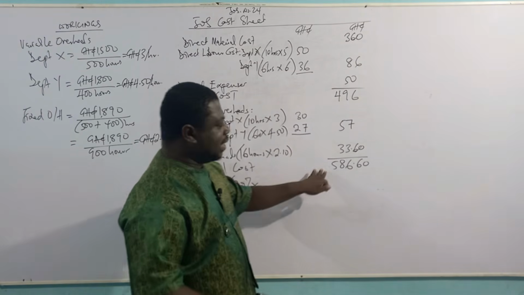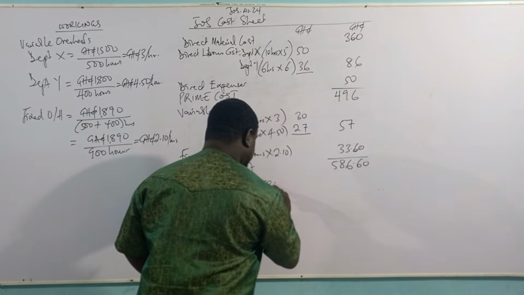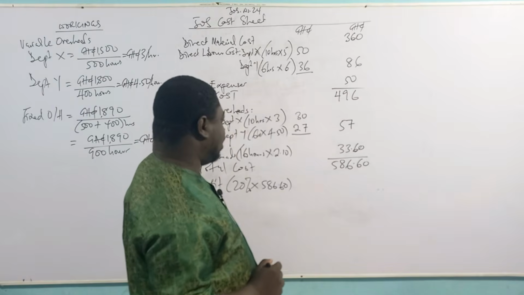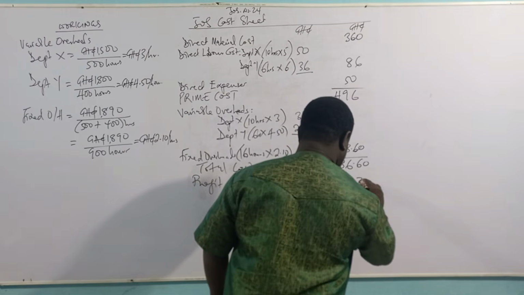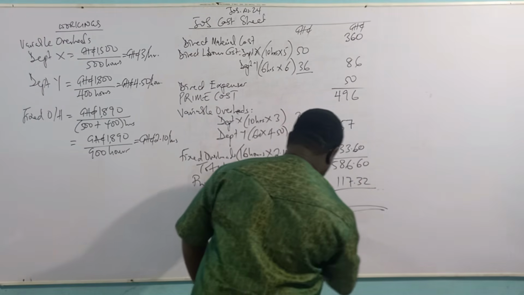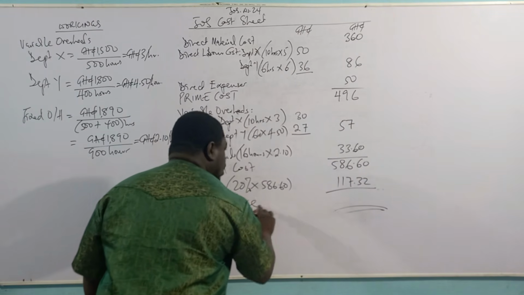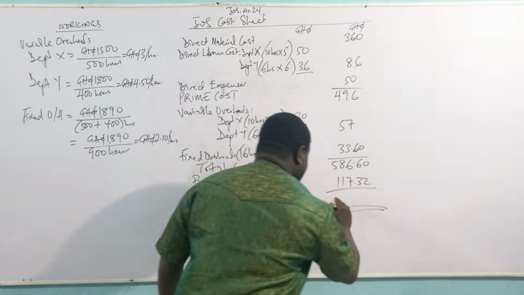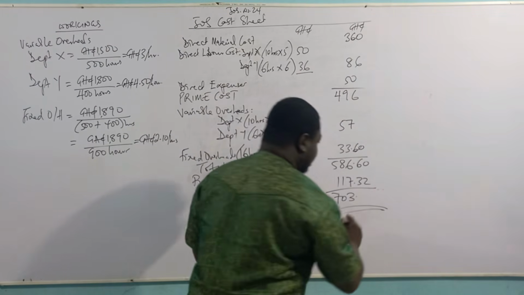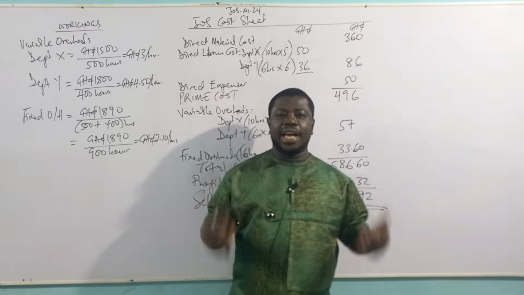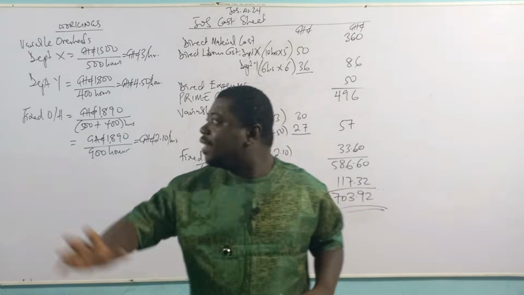So 20% times 586.60, and that is going to give us 117 cedis 32 pesewas. Therefore, the selling price of the job is an addition of these two, 703 cedis 92 pesewas. And so, ladies and gentlemen, this is the final answer, and these are the workings.